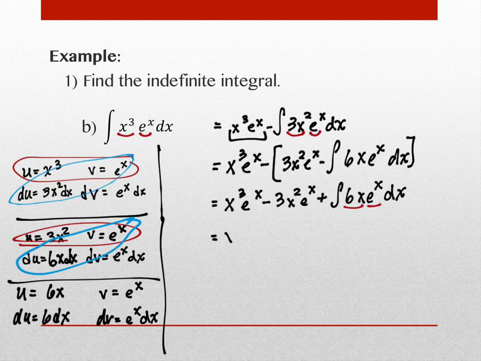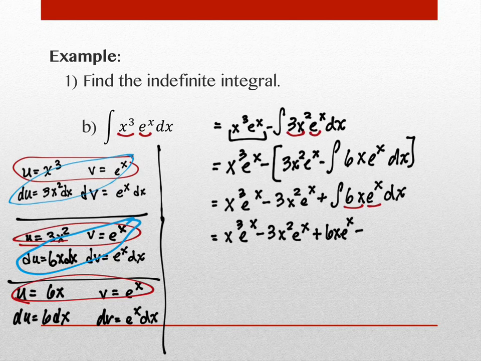So again, these pieces at the beginning get rewritten: x cubed e to the x minus 3x squared e to the x. And then I need to do u times v. So that's plus 6x e to the x minus the integral. And now I need v du right here. So there's a 6 and then an e to the x dx. But over here, there's no product.